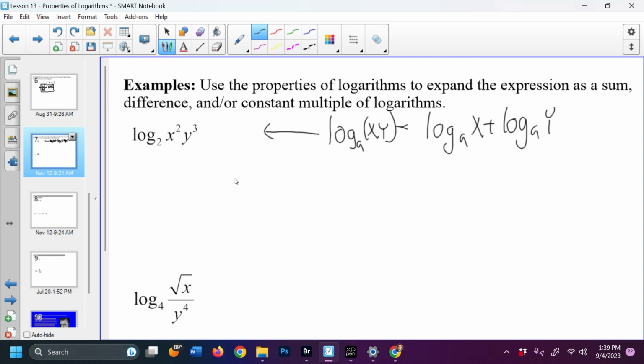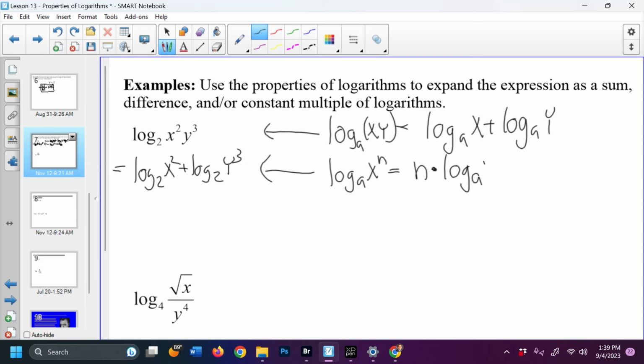That allows me to separate this into log base 2 of x squared plus log base 2 of y to the third. Now I can use that third property of logarithms that says log base a of x to the n is equal to n times log base a of x. I can use that to bring both of those exponents down in front. So I'll have 2 times log base 2 of x plus 3 times log base 2 of y.